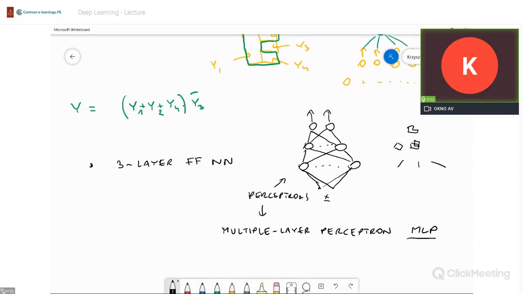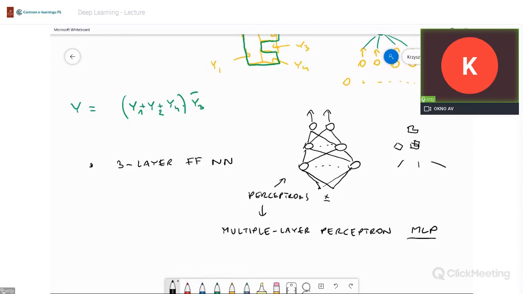It is not a name that is strictly following the understanding of what perceptron is. So MLP is informally used just to name multiple layer feed-forward neural networks.